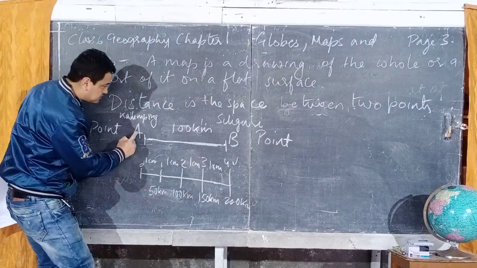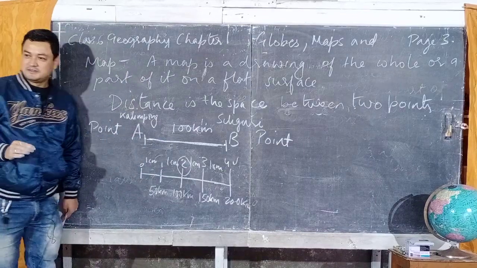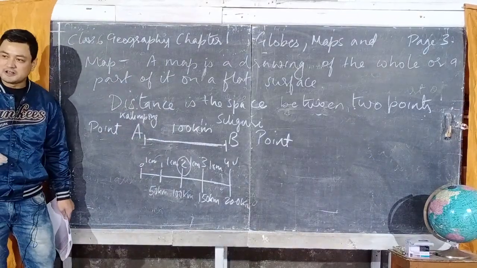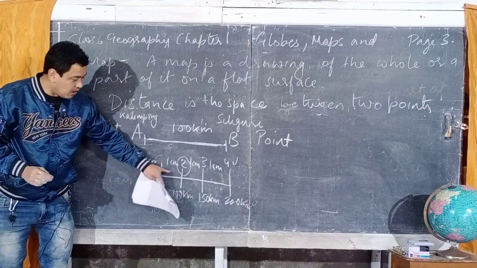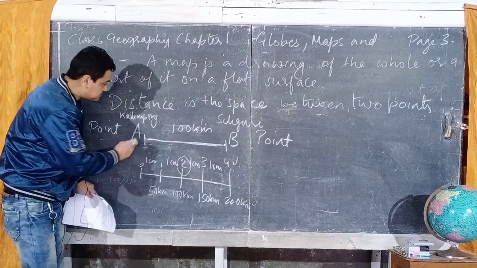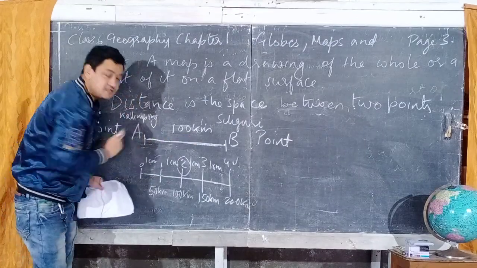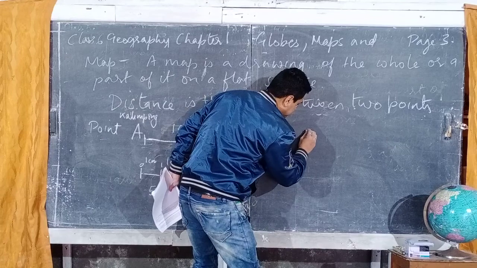If from A to B is 100 kilometers, then it is 2 centimeters. Are you getting my point? If 1 centimeter is 50 kilometers, then how much is 2 centimeters? It is 100 kilometers. So the distance from A to B is 100 kilometers. What is the map distance?